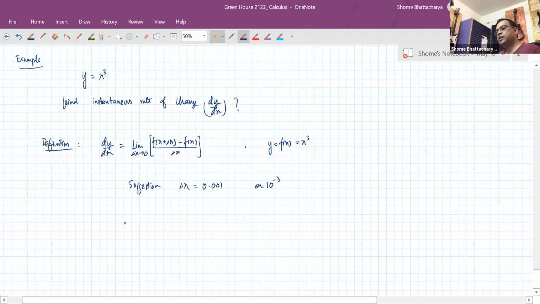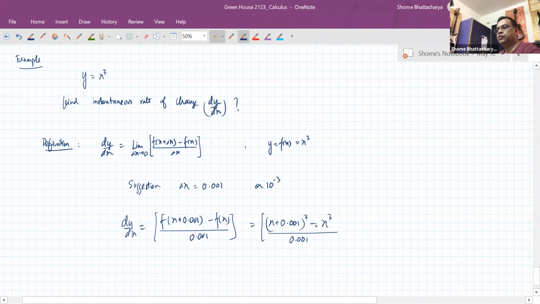We'll write dy by dx as f of x plus 0.001 minus f of x, divided by 0.001, if I take this value of delta x. Correct? Now what is the function? It is x cube. So the function's value at this is x plus 0.001 whole cube minus f of x, that is x cube, divided by 0.001.